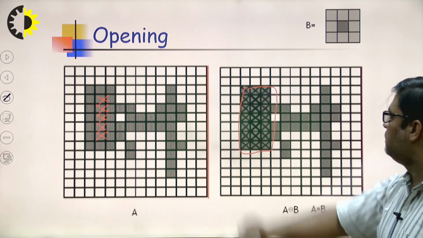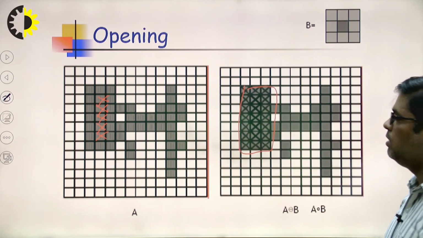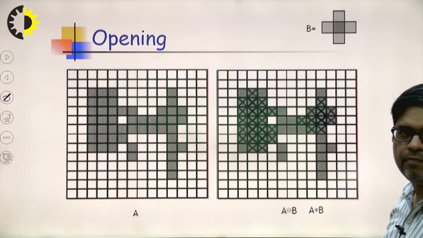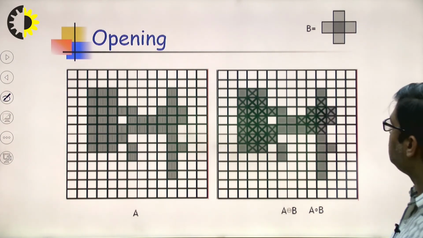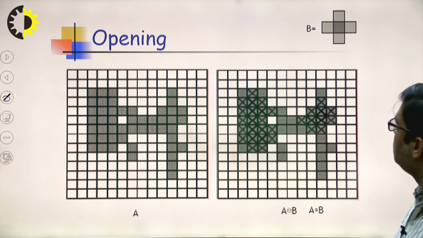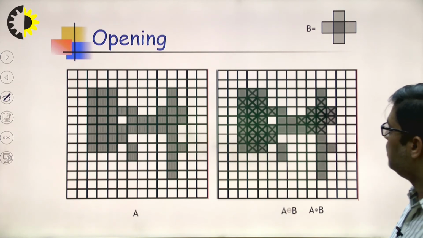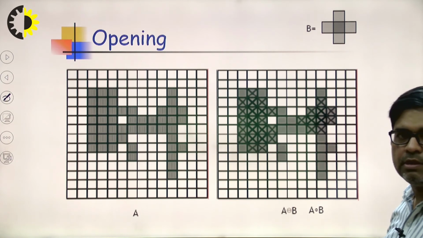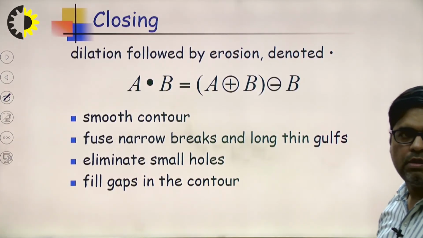We can see here that this is the result of the opening. Now we can use a different structuring element and apply this to get the result of the opening. This is the result of the opening.